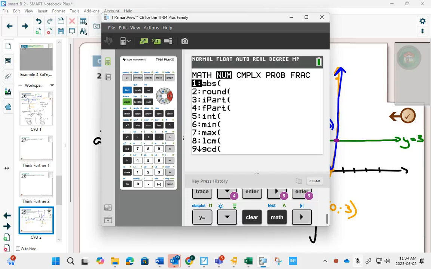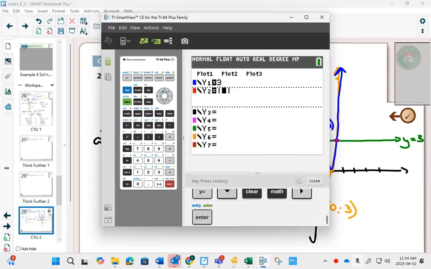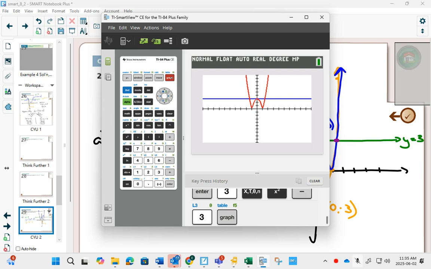And this is absolute value, not abs. It's not the stomach muscles of the calculator. So, once you have that, then we can type in 3x squared minus 3. And when we hit graph, it draws it nicely.